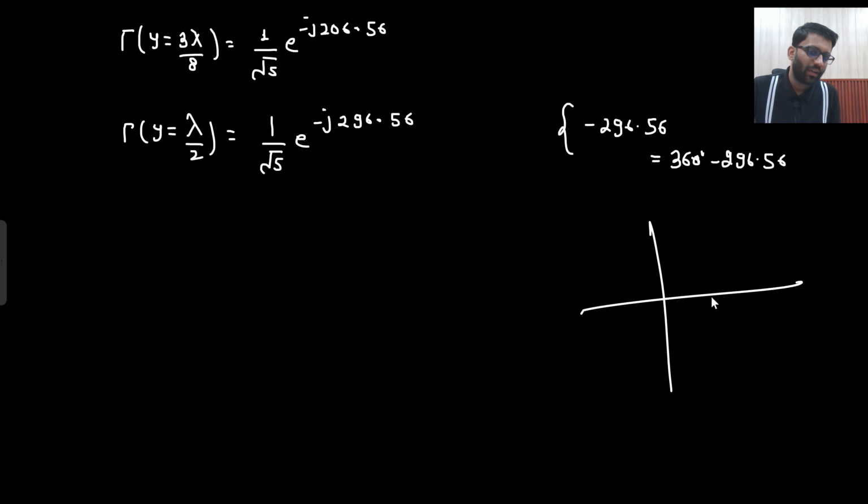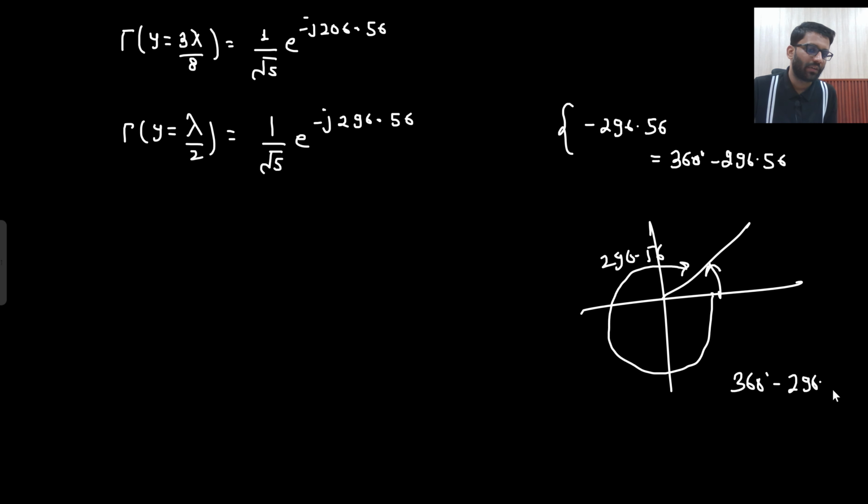Basically, from here you are going minus 296.56. That's when you will get this angle, no? From positive x-axis you are going 296.56. So can I do this thing that from positive x-axis in anti-clockwise direction I would have gone 360 minus 296.56, right? So just subtract 360 from it. What you are getting? 63.43.